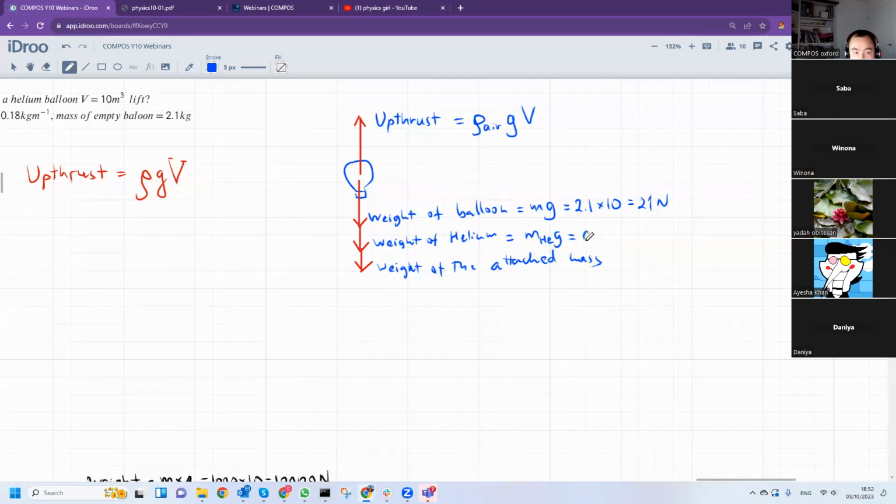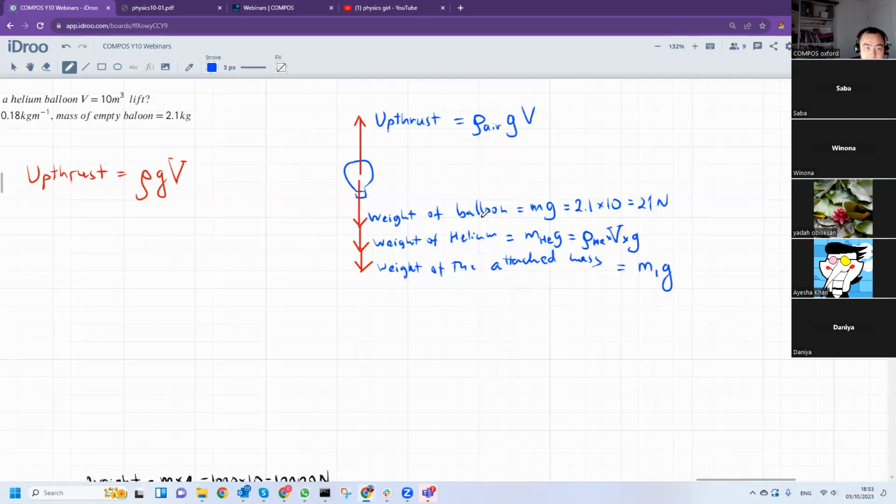The mass of the helium is the density of helium multiplied by the volume, and gravity is 10, so it's the density of helium times the volume times g. And the weight of the attached mass is m1 g.